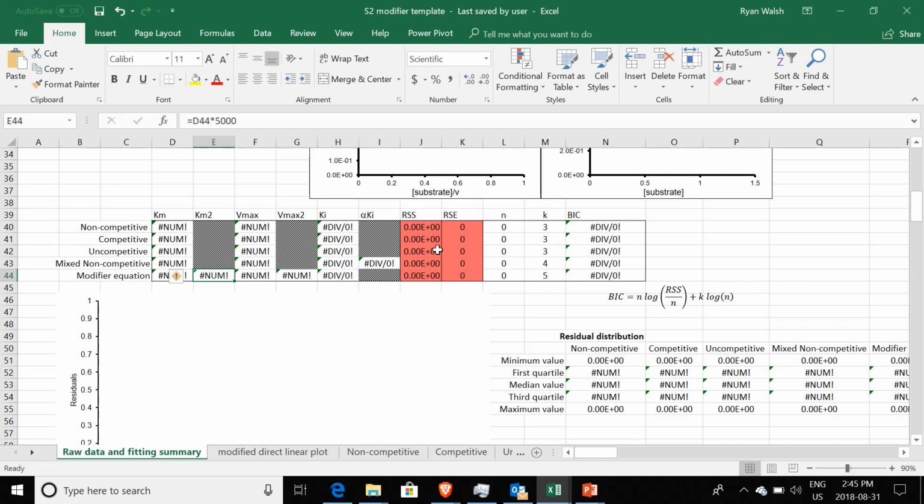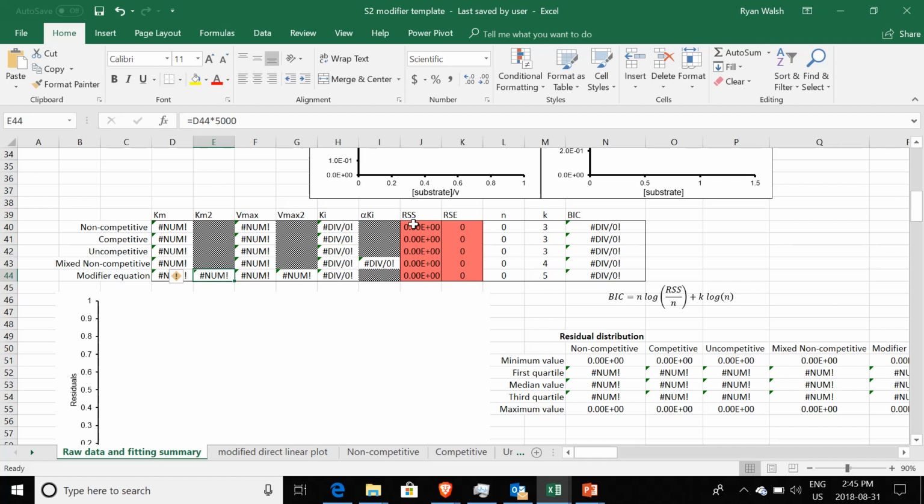Now it has the sum of squared residuals. The residual is the difference between the calculated value and your experimental value. They're usually squared because when you're fitting an equation, if you have positive and negative values, the negative values are going to cancel out the positive values, and you're going to get an improper fit.